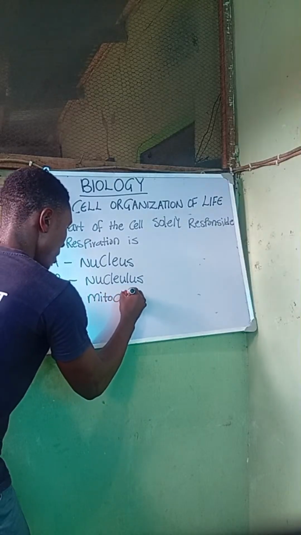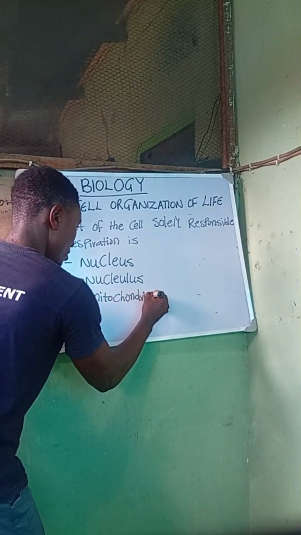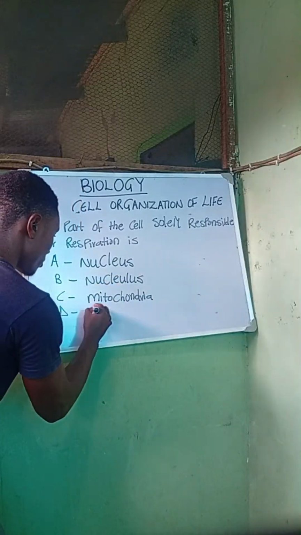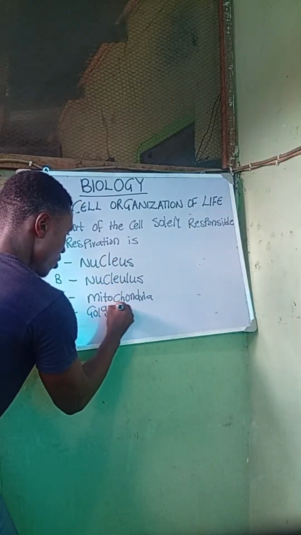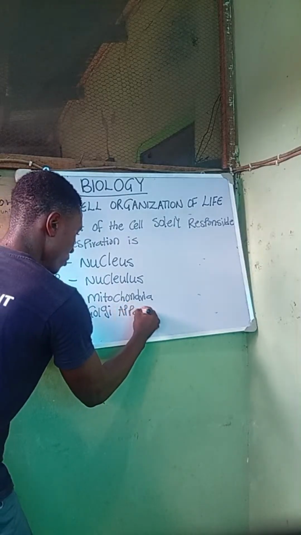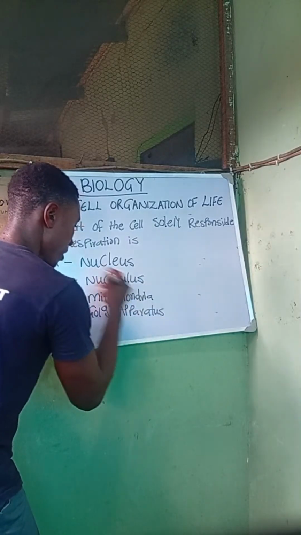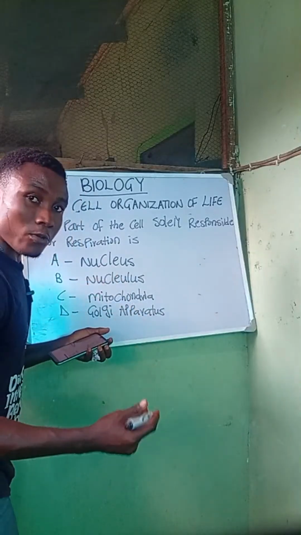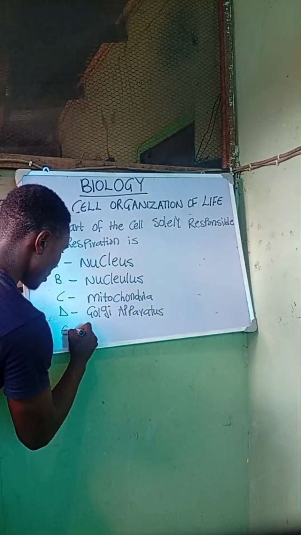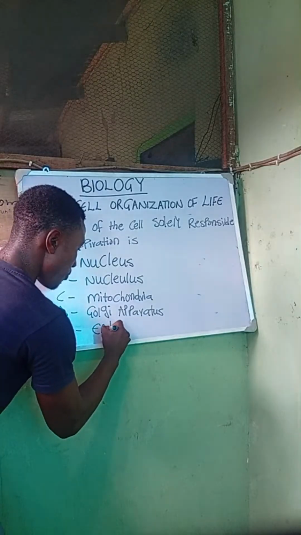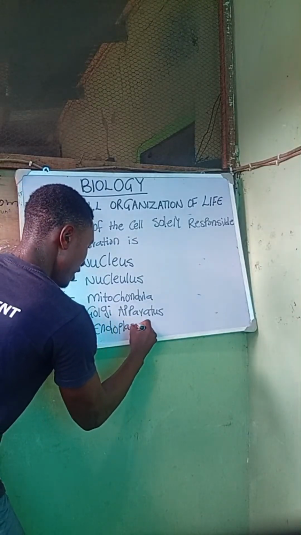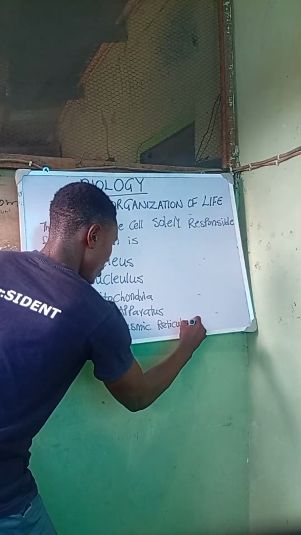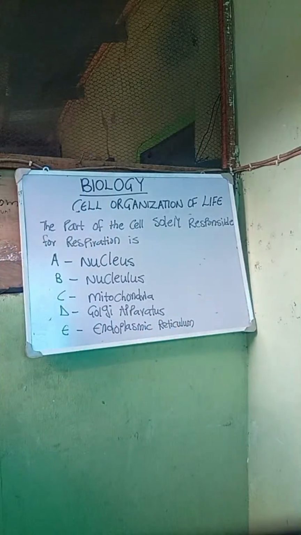We have C, mitochondria. We have D, Golgi apparatus. And we have E, ER, that is endoplasmic reticulum.